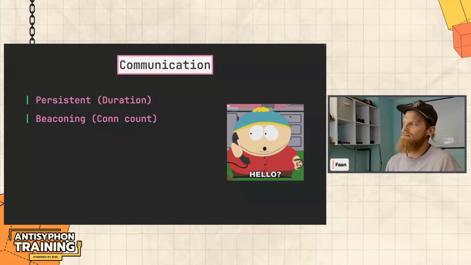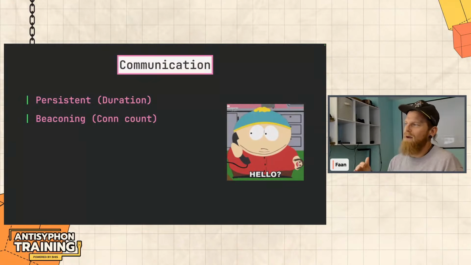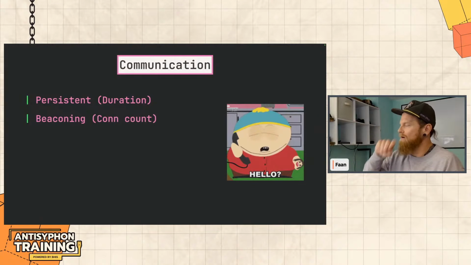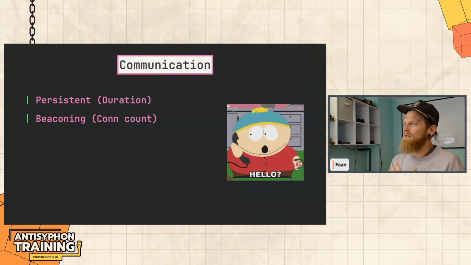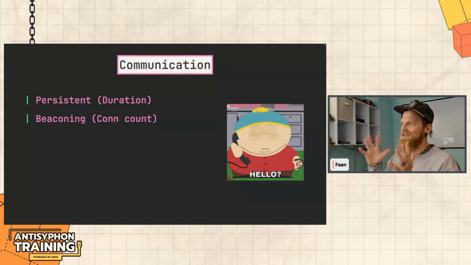With persistence, you're going to rack up connection time. And with beaconing, you're going to rack up connections. There's going to be a lot of connections between the local host and your C2 server. So you can choose one of these, but I also want to encourage you to start thinking about them as maybe two nodes on a spectrum, and you can combine the two. You don't have to be strictly persistent or strictly disconnect every single time.